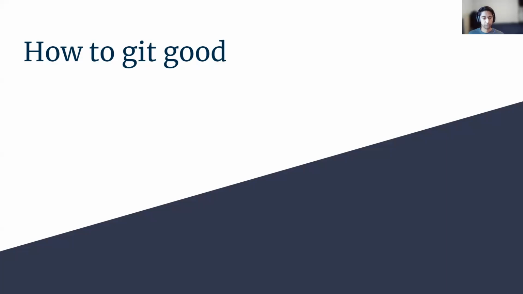So just a brief overview about what is Git. Git is a source control, version control tool, software that was developed by the author of Linux. He actually developed it so that he could use it while developing Linux. And now everyone uses this because it's just such a great tool.